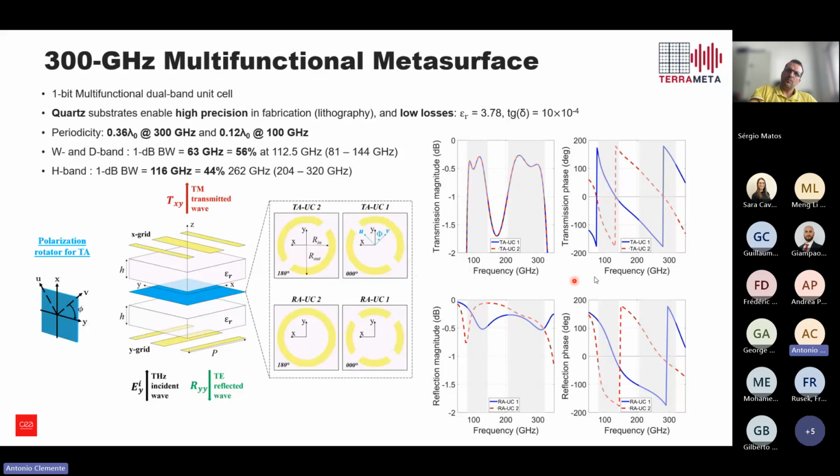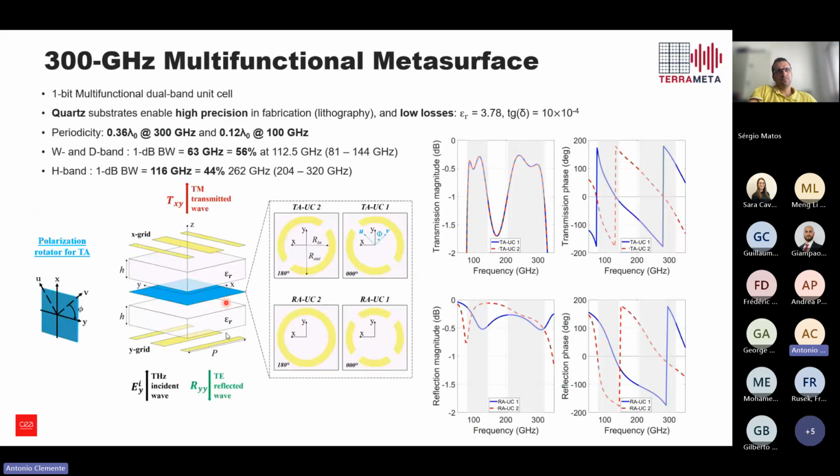You can see on the top the transmission magnitude of the unit cell and the phase of the transmission coefficient. On the bottom, you have the reflection coefficient and the reflection phase. In both cases, we can achieve transmission or reflection with very low losses, and we can generate a phase control of 1 bit.